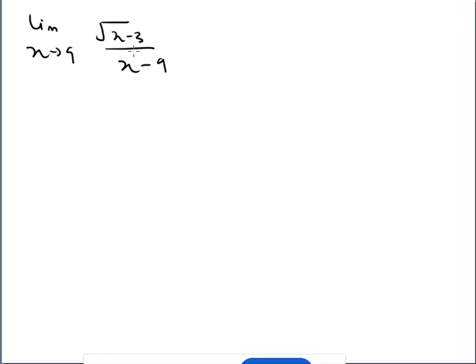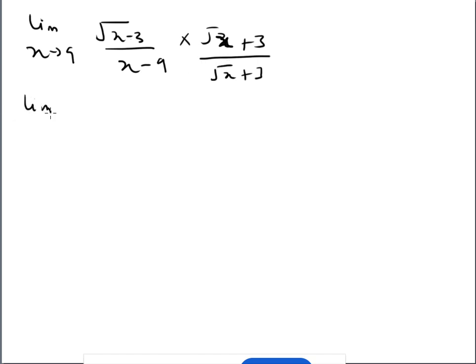The conjugate of this is root x plus 3. So we multiply both the numerator and the denominator by root x plus 3, and we can easily cancel it out. This just gives us 1. We haven't changed the question by multiplying by the conjugate. We are actually multiplying by 1, but we are doing this just to make the calculation easier.